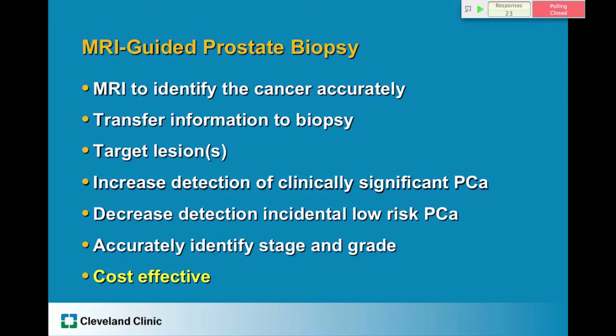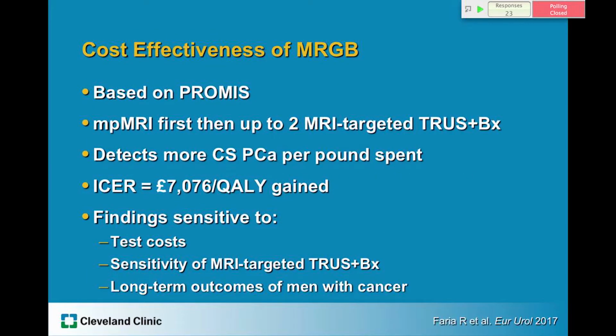So finally, let's talk about cost. Has this been looked at? And yes, recently published in European Urology, again based on the PROMISE trial. And they used models and different clinical scenarios to determine what is the most cost-effective approach to a patient who comes to see you with clinical suspicion for prostate cancer.